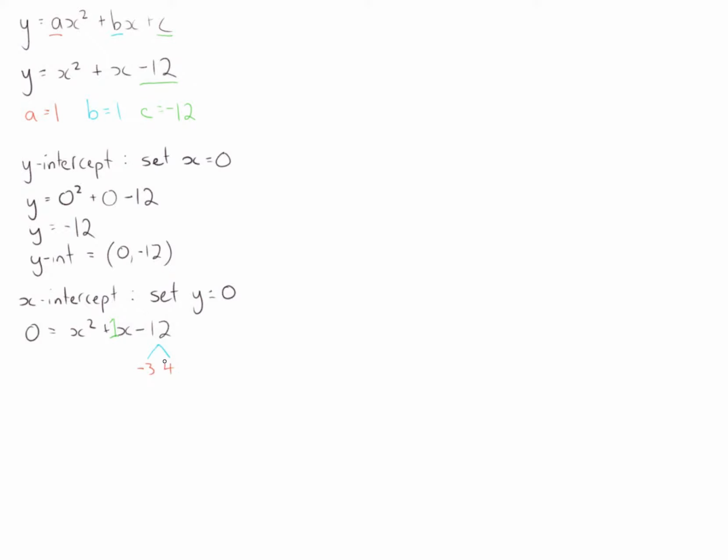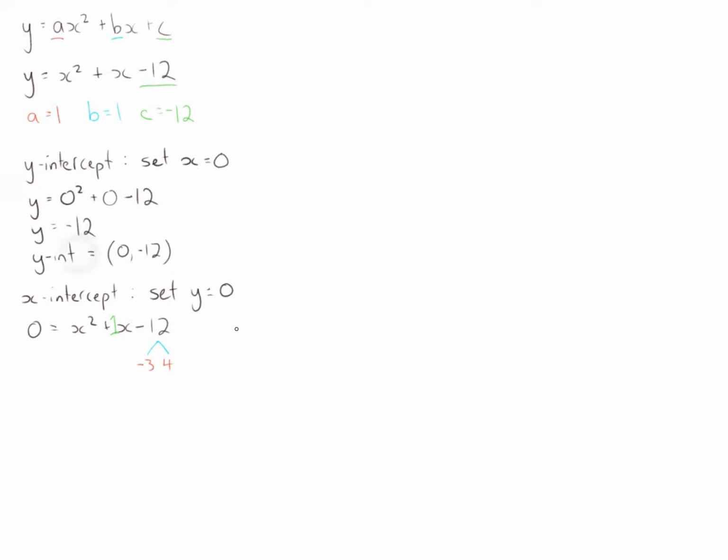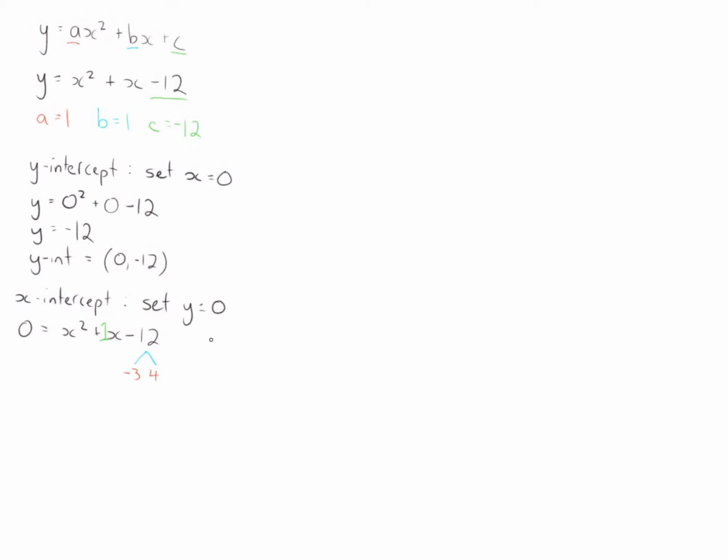Negative 3 times 4 is negative 12, so they are factors, and negative 3 plus 4 is positive 1. So they're the factors that we want. There were other factors of negative 12, like negative 1 and 12, or 1 and negative 12, 2, negative 2 and 6, or 2 and negative 6, or even 3 and negative 4. But none of those, when we add them together, gave us plus 1.